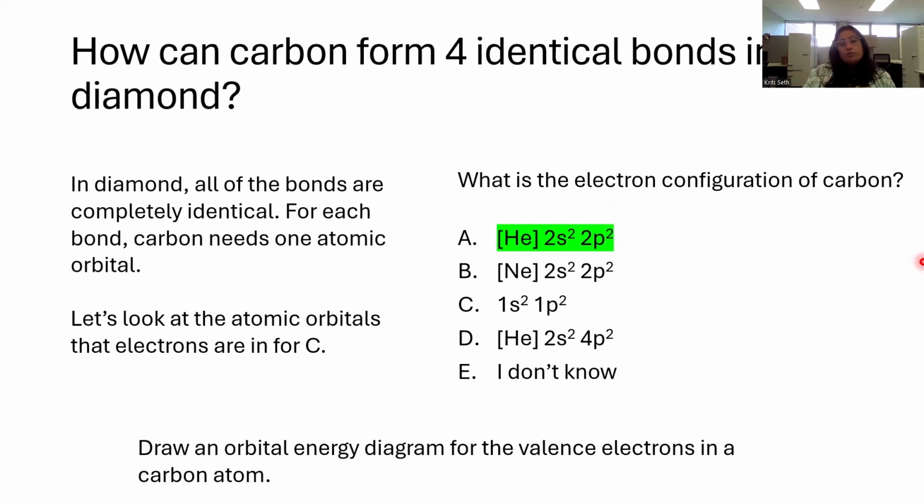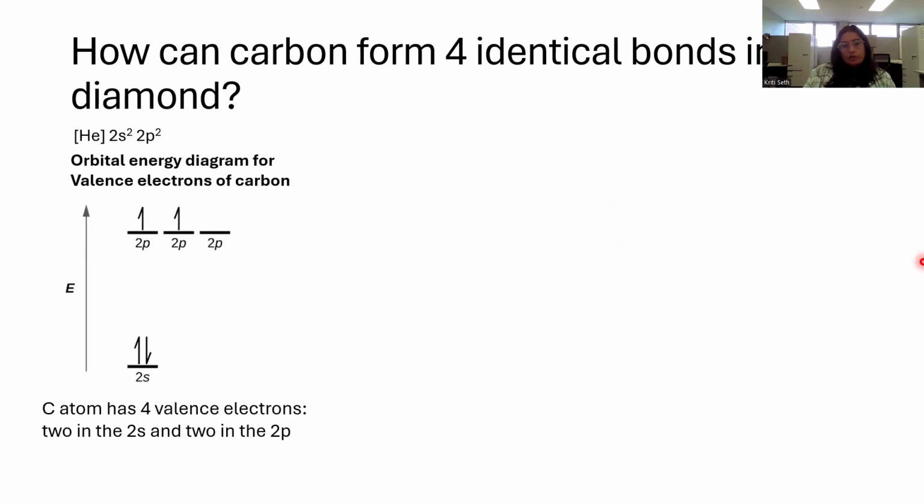Now draw an orbital energy diagram for the valence electrons. When you place these electrons in orbitals, this is how their energy lines up. The 2s orbital is lower in energy and it has 2 valence electrons, right?